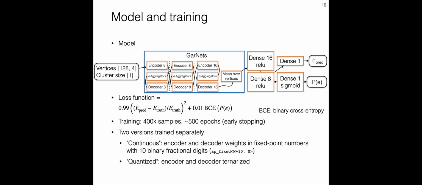For the loss functions, I don't need to explain those, but the important thing is that 2 versions of this model were created and trained separately. The first one is labeled the continuous model, where encoder and decoder weights are full precision fixed point numbers with a rather wide representation. And then there's the quantized version where encoder and decoder are ternarized. So all the weights in encoder and decoder are just 1, -1, or 0.